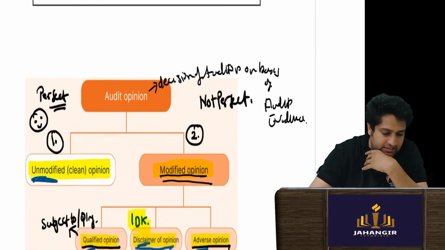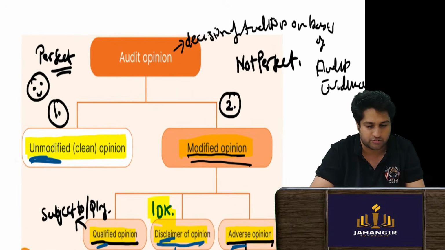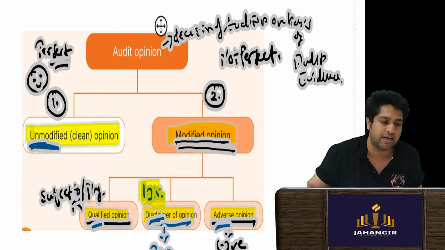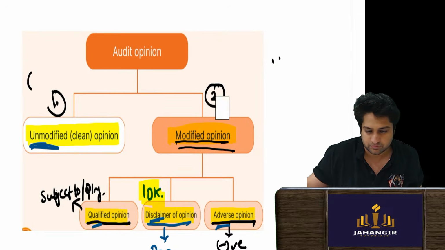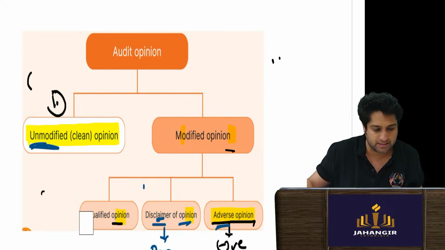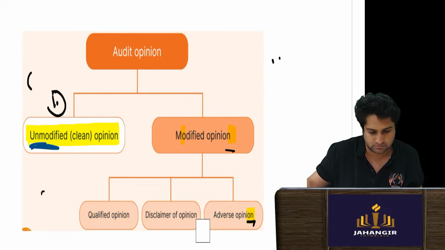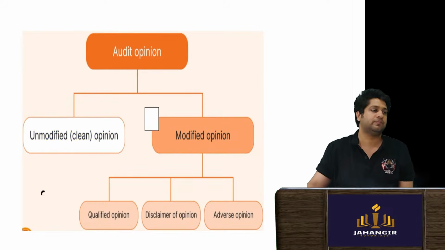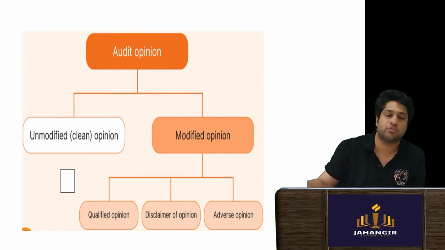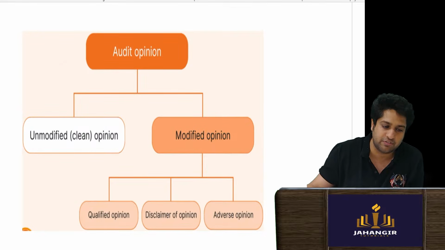Now CAAS 3 says that there are 2 kinds of audit opinion. How many kinds of audit opinions are there? Only 2 kinds, and then subdivisions are there.